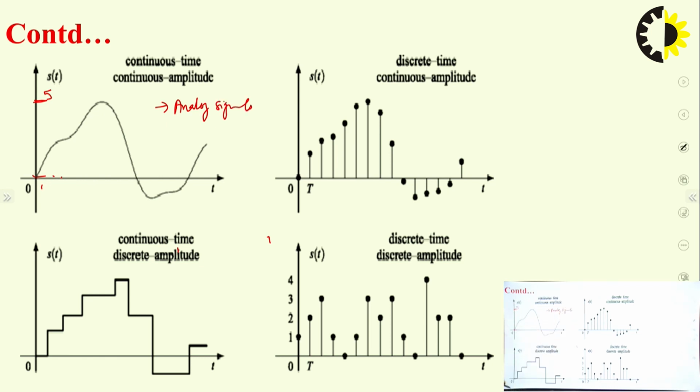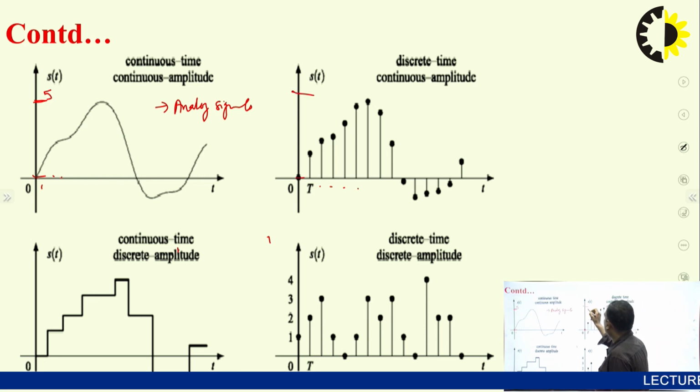Okay, now come to the second type of signal, that is the discrete time continuous amplitude signal. Now this signal is defined only at some discrete time instants, let us say 0, this is the time interval. You can see these signals are defined at discrete time instants only, but the amplitude value is between this and this, again 0 to 5 let us say.